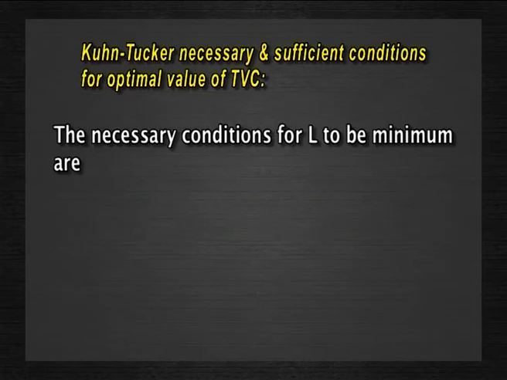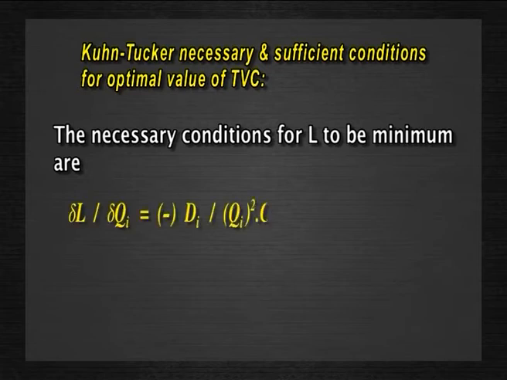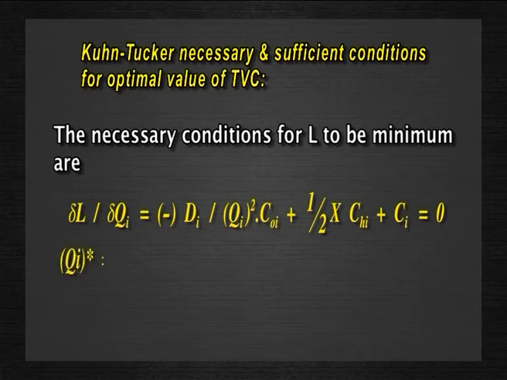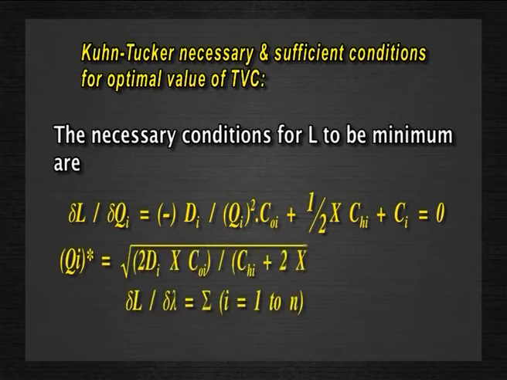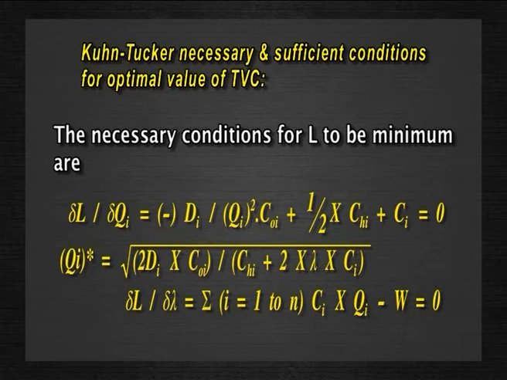The necessary conditions for L to be minimum are delta L by delta qi equal to minus di by qi square into COi plus half into CHi plus lambda Ci, which is equal to 0, or in other ways to represent, qi star is equal to square root of 2 times di into COi divided by CHi plus 2 into lambda into Ci.